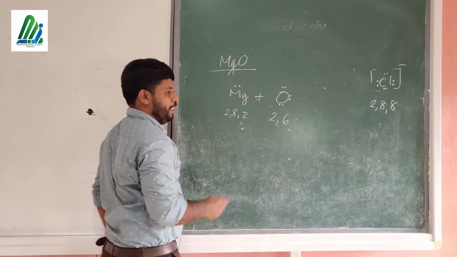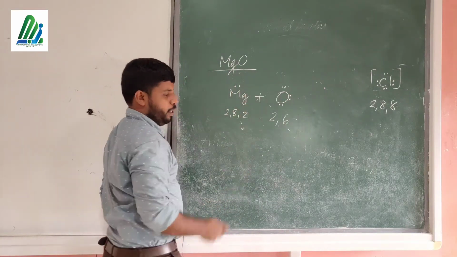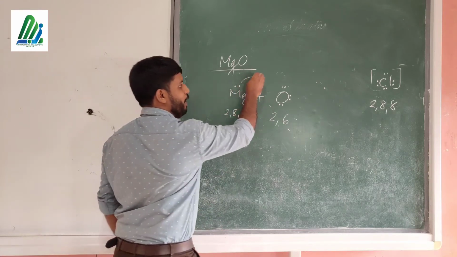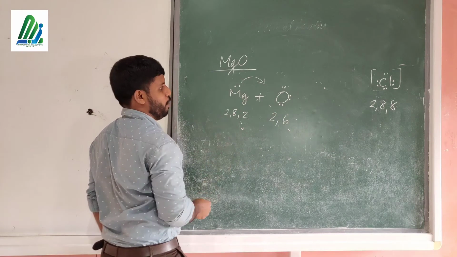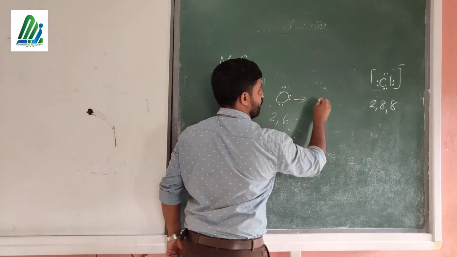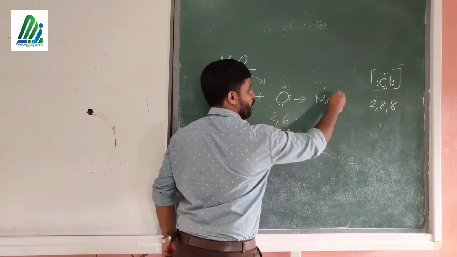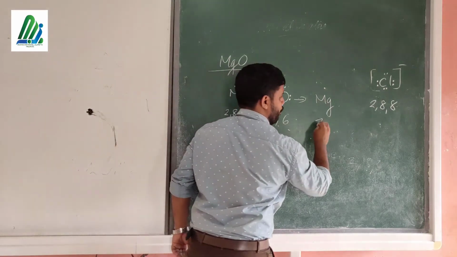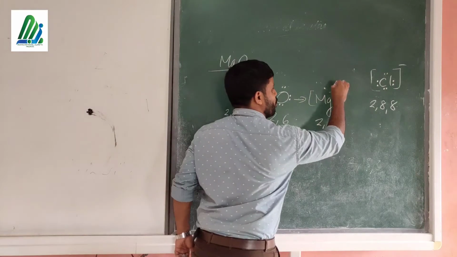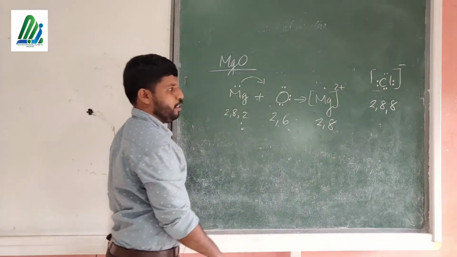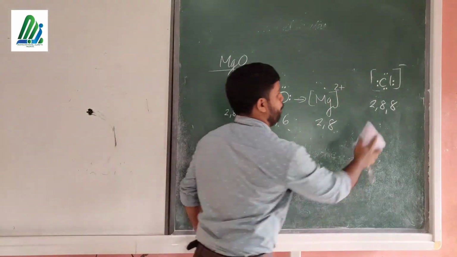To attain stability, magnesium will donate its 2 electrons, and the oxygen atom will accept the 2 electrons. After donating the 2 electrons, the electronic configuration of magnesium is 2, 8, and it gets a 2 plus charge.